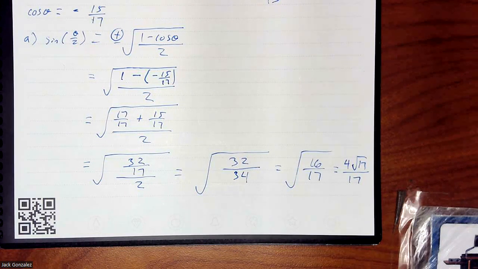The denominator is 17, so 1 changes to 17 over 17. 17 plus 15 is 32, same denominator, 2 is still there, that multiplies the bottom. This reduces to 16 over 17. The root of 16 is 4, so you end up with 4 over root 17.